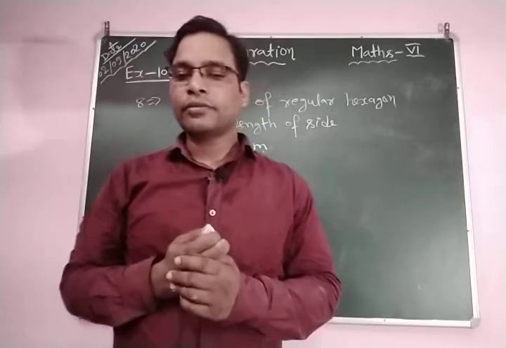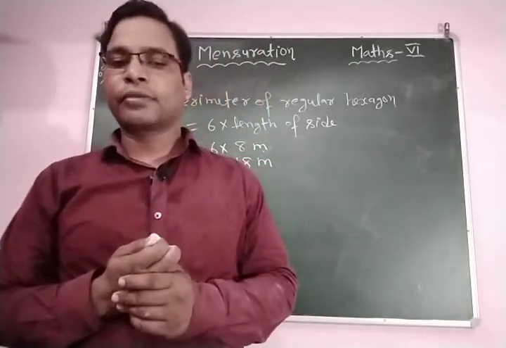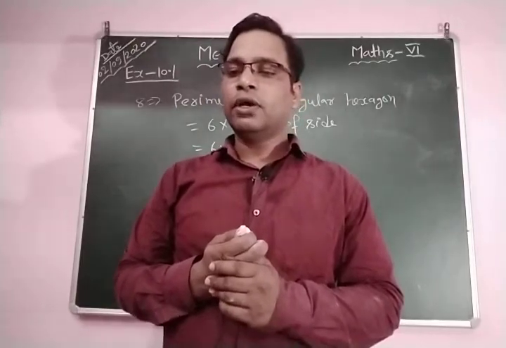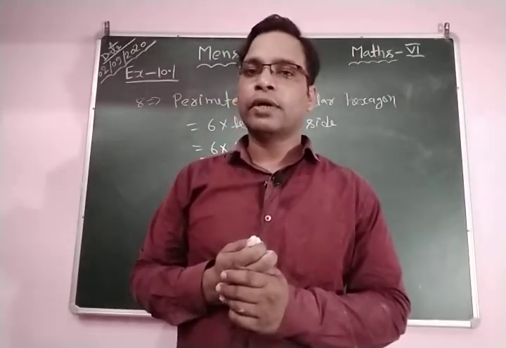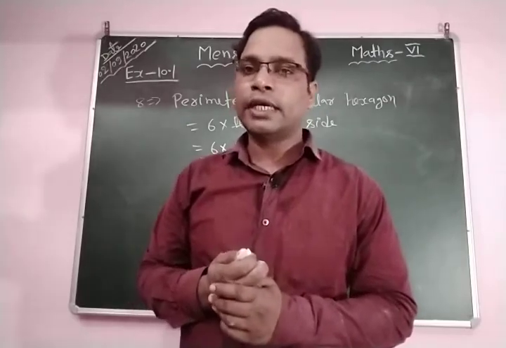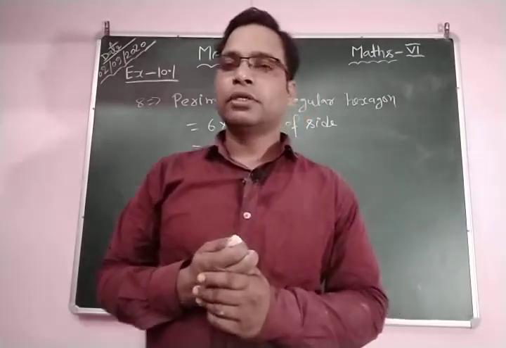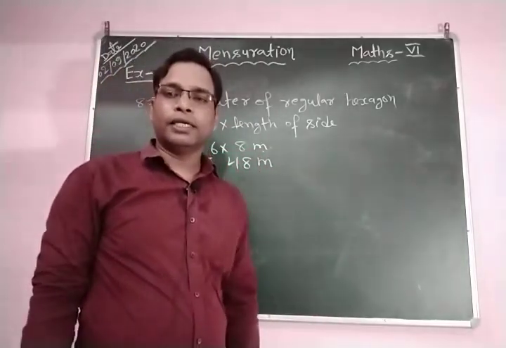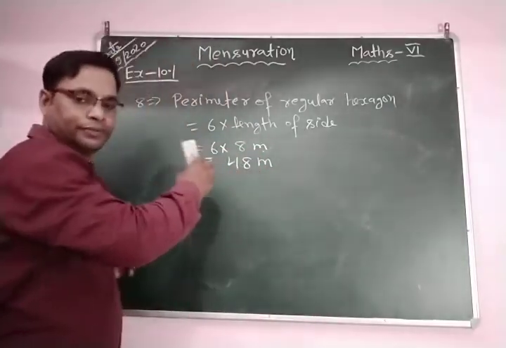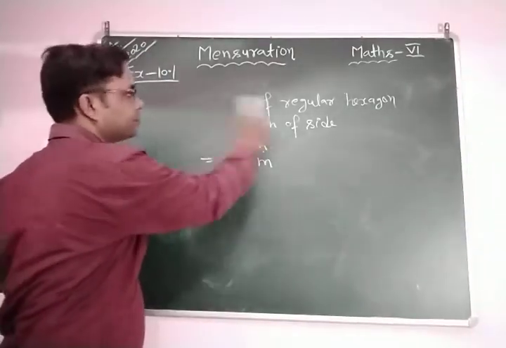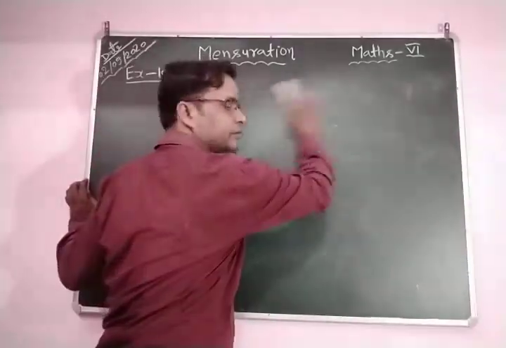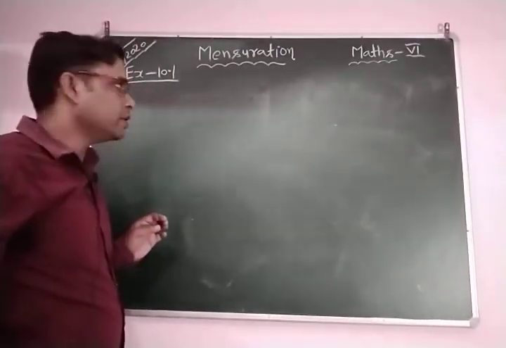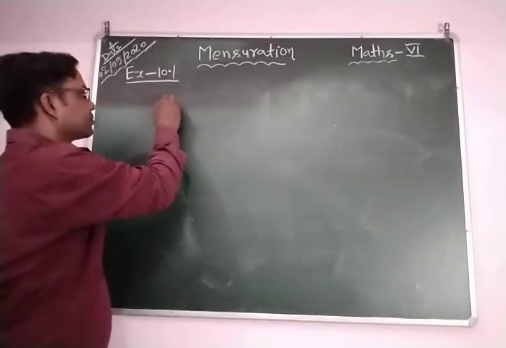Now, question number 9. Find the side of the square whose perimeter is 20 meter. So here the perimeter is given as 20 meters, and we need to find the side of the square.